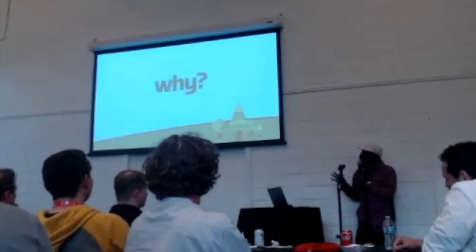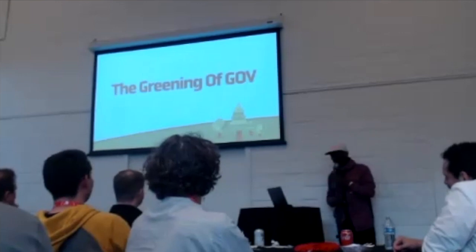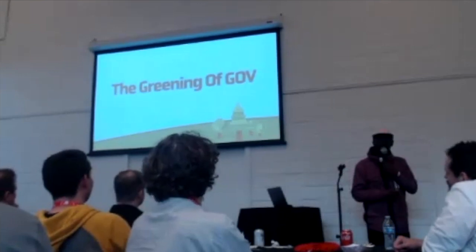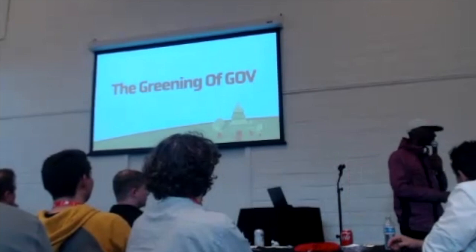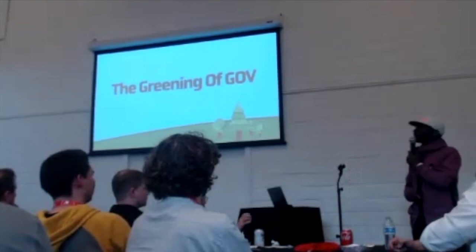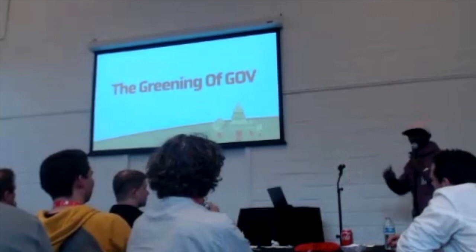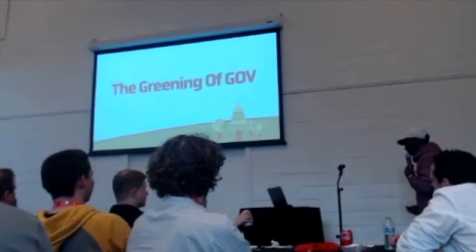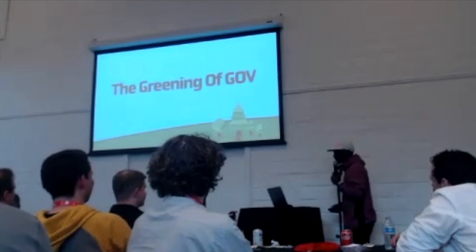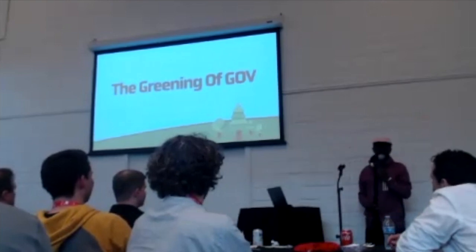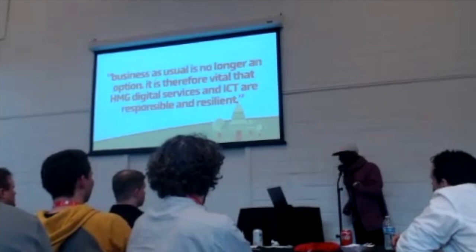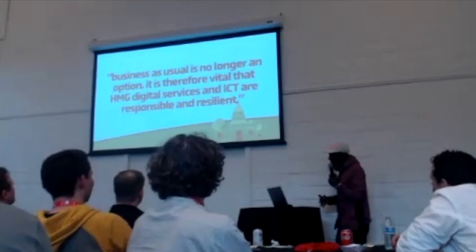So why are we doing all of this? Well, because you have situations like this. Million apologies. This is Gov.UK. Anyone from the UK here? All right. Oh, thank you, God. They are creating mandates. I like this quote right here: business as usual is no longer an option.